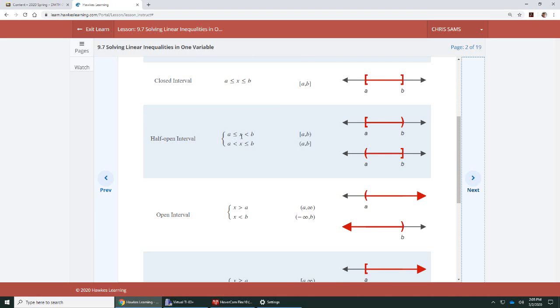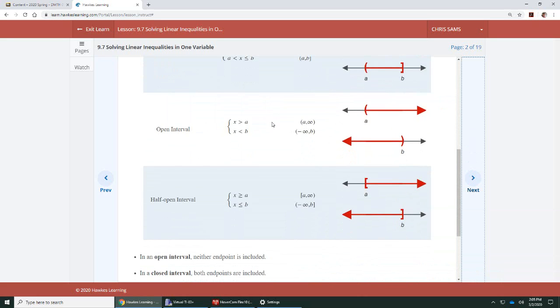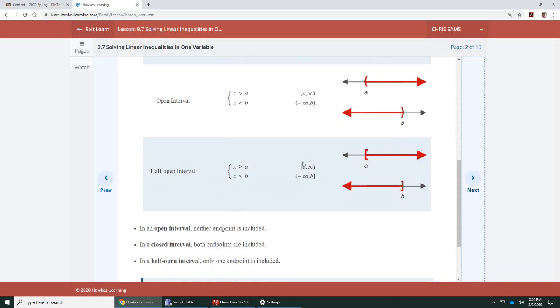And half open, you have one with equality and one without equality. So one bracket, one parenthesis, it could be on either side. And then you might have a double open interval, so you have two parts, one going one direction, one coming the other direction. And then you also have a half open interval with the same scenario.